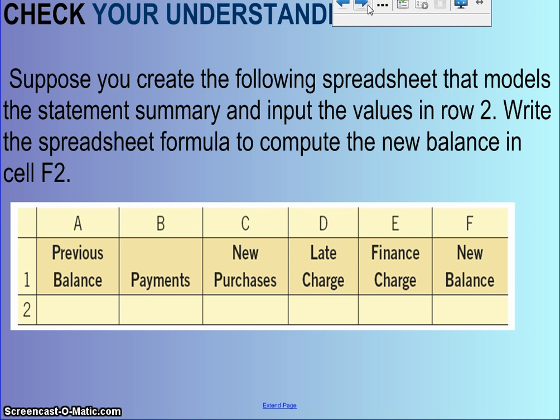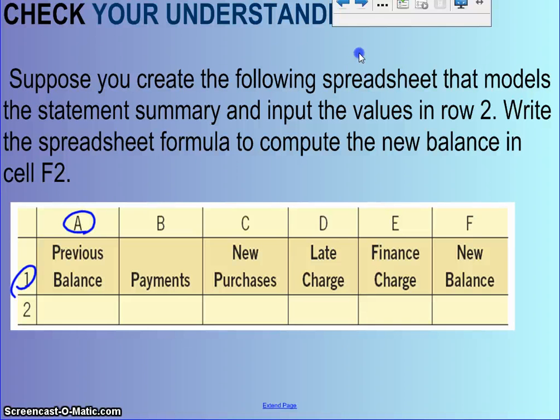All right, please press pause. Go ahead and try and write a formula here, remembering that you're going to use the letters and the numbers that are involved here, and see if you can come up with a formula. Press pause, come back to me when you're ready. Okay, let's see how we did. And I'm going to go ahead and write it in these open boxes.